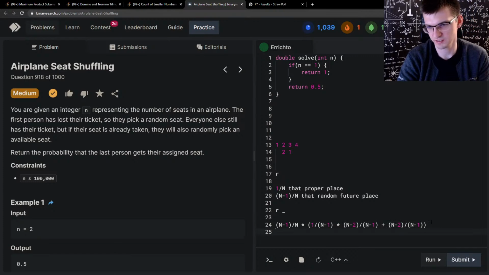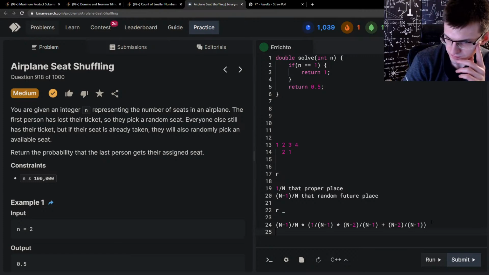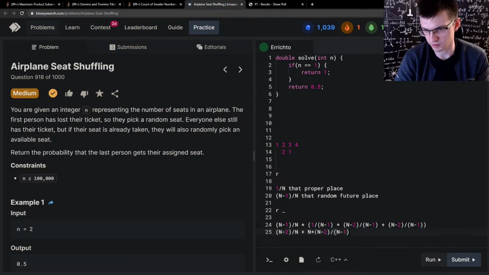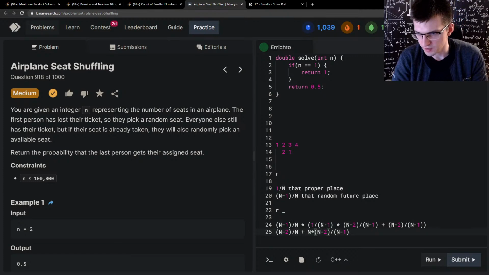Let's simplify this. We have 1 over... The second part is easy to simplify. This is n minus 2 over n plus, and this thing is more complicated. I think it's that. No, this cannot be n. Something's wrong.